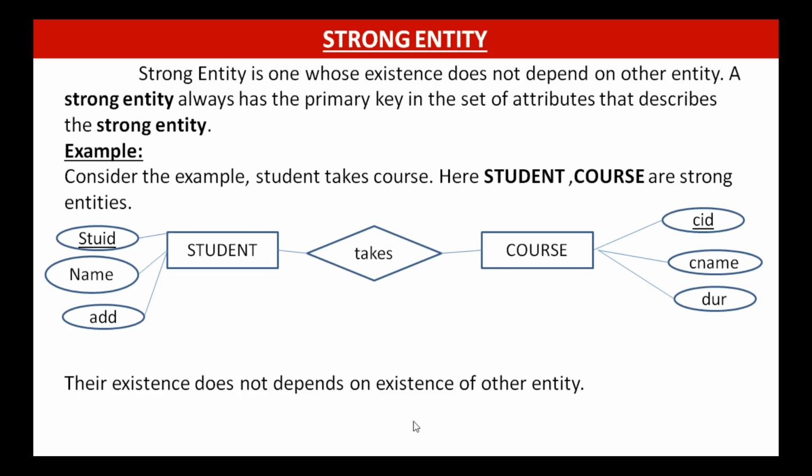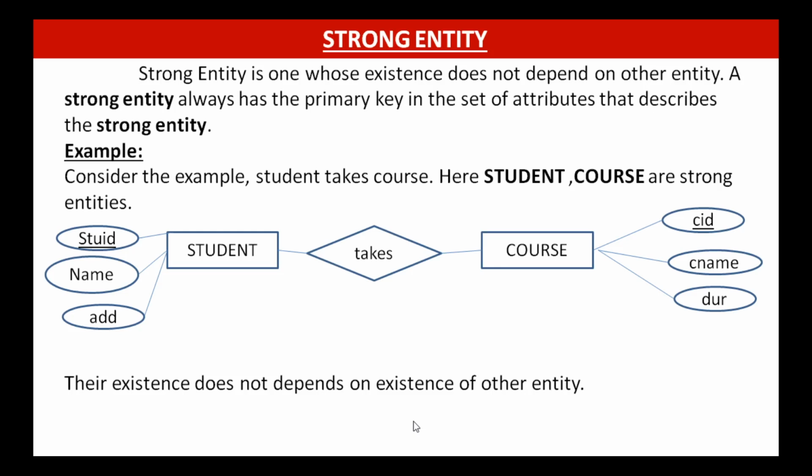The primary key of the strong entity is represented by underlining it, and a strong entity is represented by a rectangle symbol. The relationship between two strong entities is represented by a single diamond.